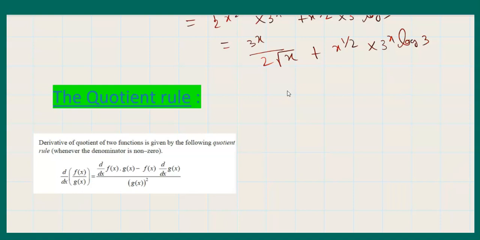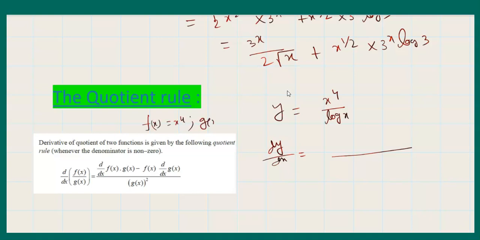When you are going to use this rule, we will be taking a function like this, y equal to x to the power 4 by log x. See, it is taken in this manner. So what is dy by dx here? What is f(x), what is g(x) here? For this problem, f(x) is x to the power 4 and g(x) is log x.